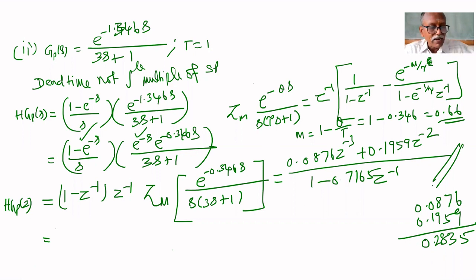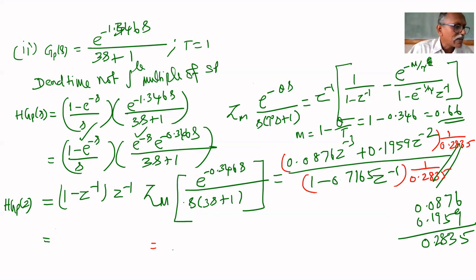Divide the numerator and denominator by 0.2835. Now you will get the coefficients in such a way that if you add these two, you will get 1.